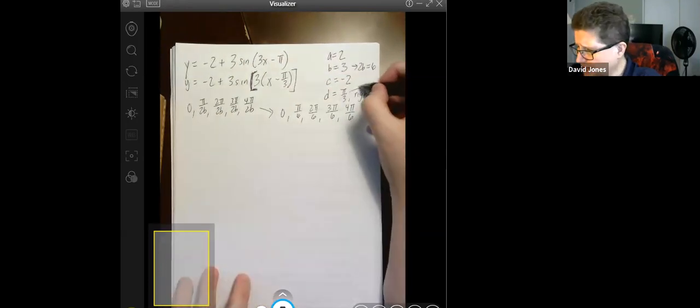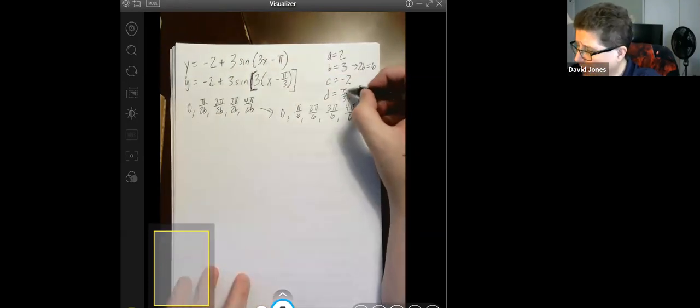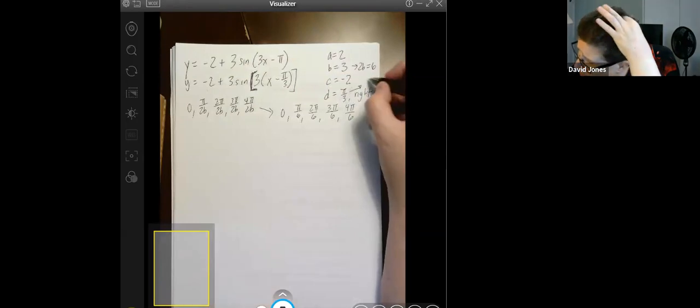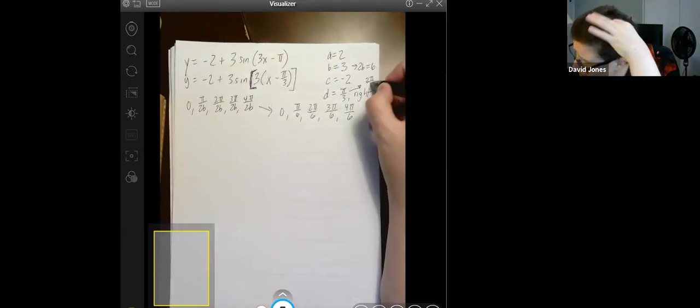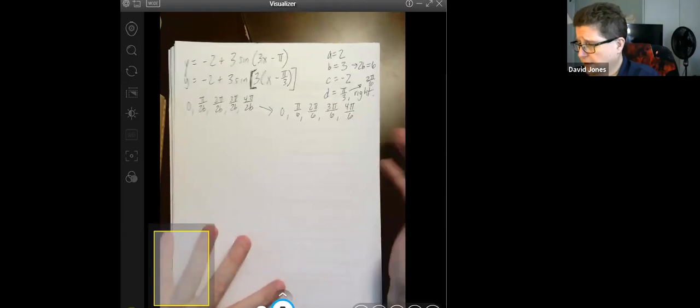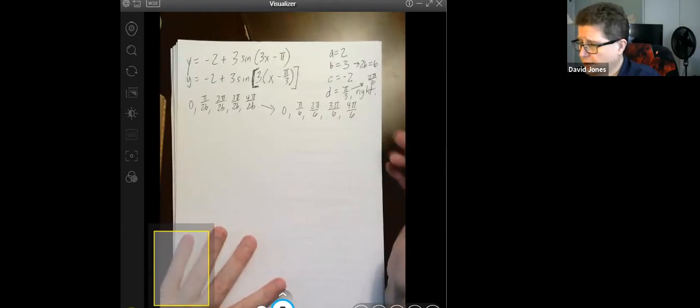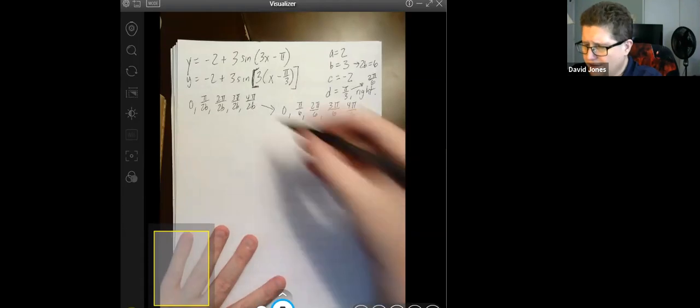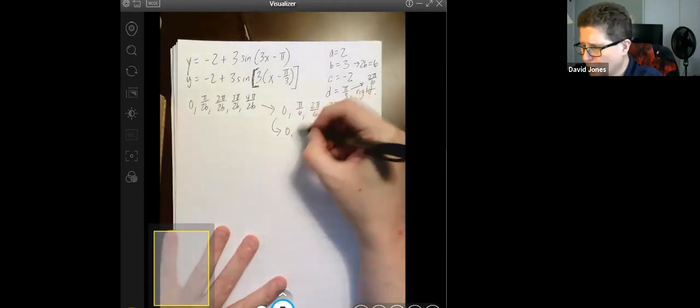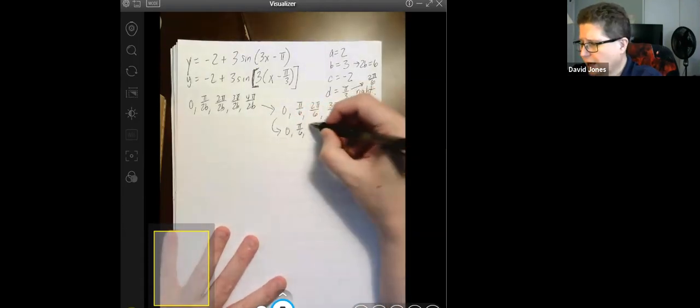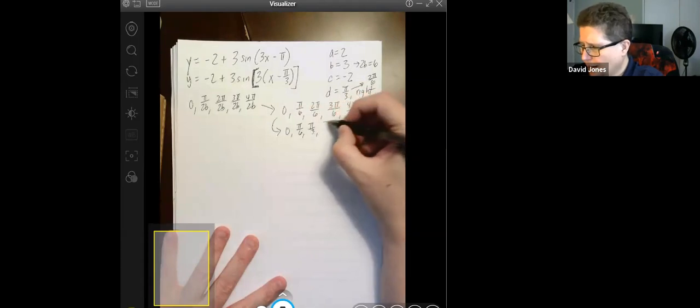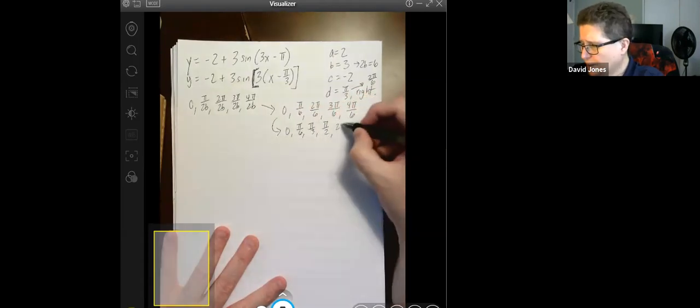And my shift to get the correct denominator, I'll multiply this by 2. This is 2 pi over 6. The other way of writing this in simplified form is 0, pi over 6, pi over 3, pi over 2, and 2 pi over 3.